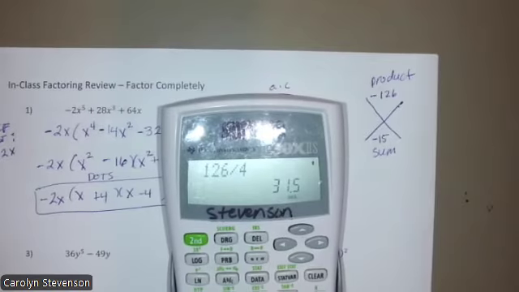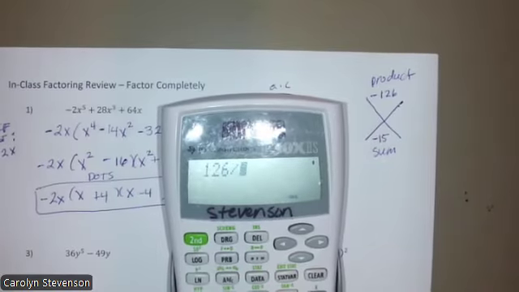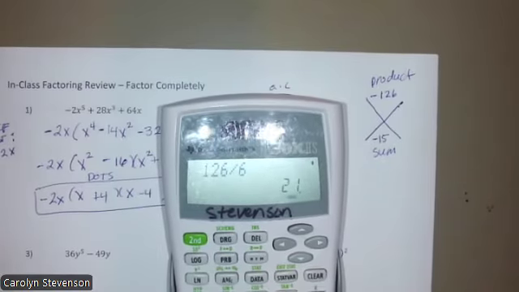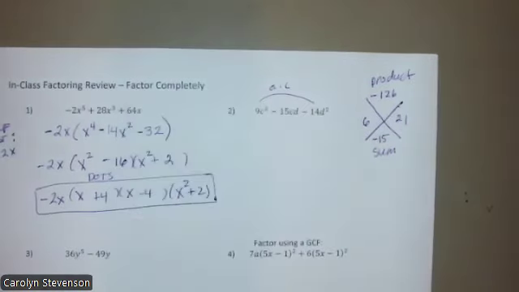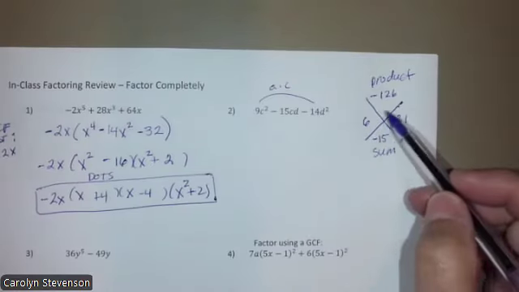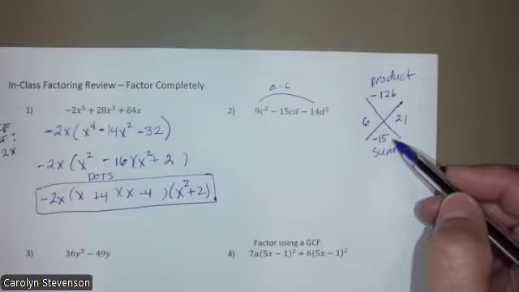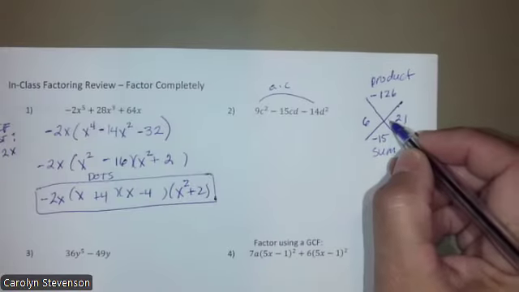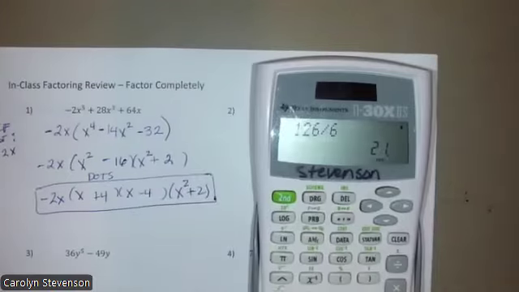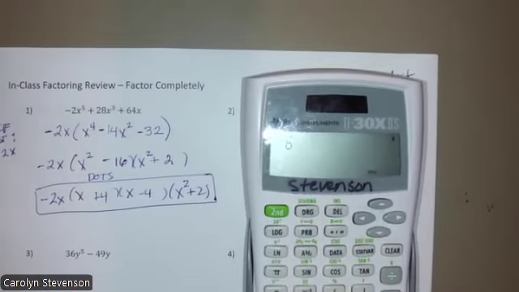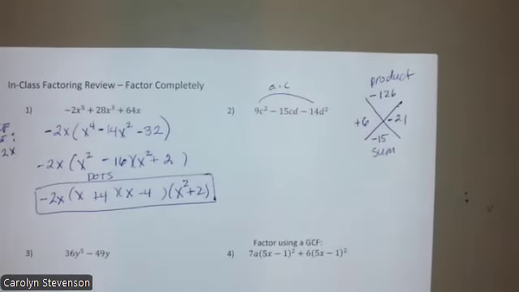Doesn't divide evenly, so we skip that. We can't divide by 5. So 126 divided by 6. 6 and 21. They could give us 15. So they need to be different to multiply to a negative up here. And we would need our negative on the 21 and a positive here. And you can put that in your calculator. 6 minus 21. Verify that you get what you need.